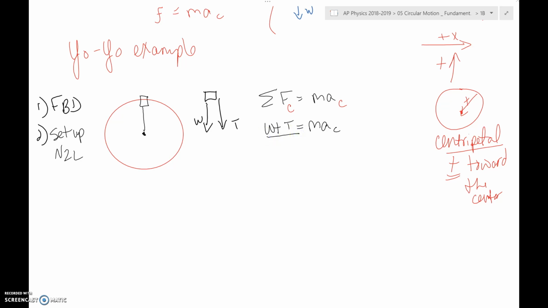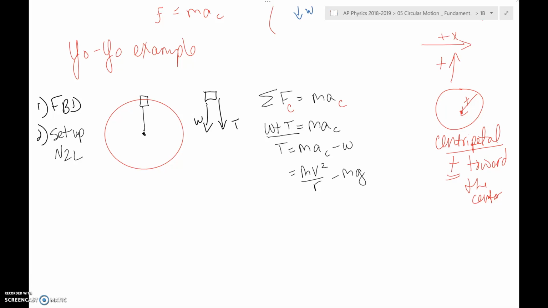So if we're going to solve for the tension in this case, tension will be equal to mass times acceleration minus the weight. And what's our acceleration? So it's mass times velocity squared over r minus mg.